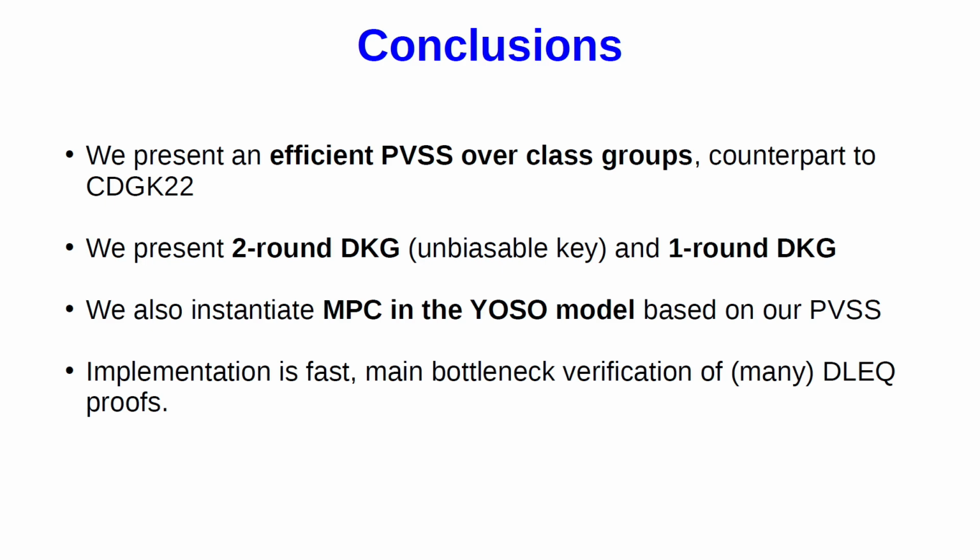And we also have a construction of MPC in the YOSO model. The implementation is quite fast, but the implementation is not in the paper, by the way. We have done it afterwards. The main bottleneck is the verification of all these discrete log equality proofs, which is not strictly necessary in the case where we have more honest parties.